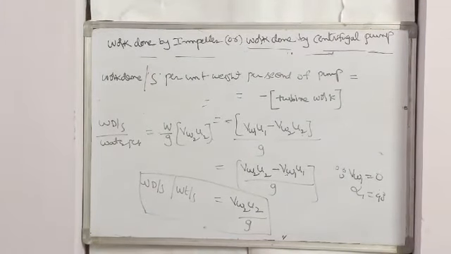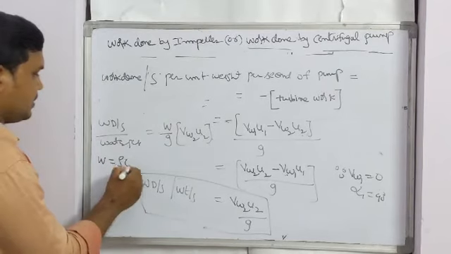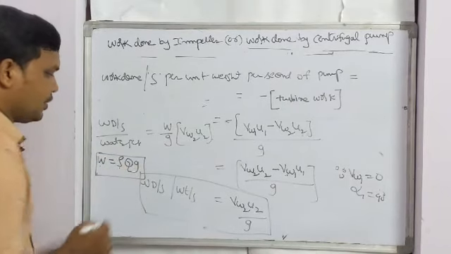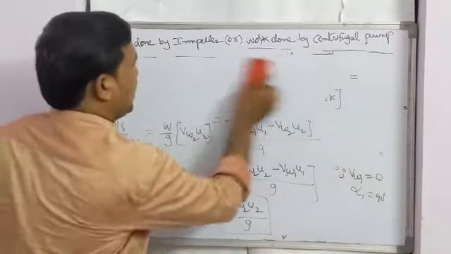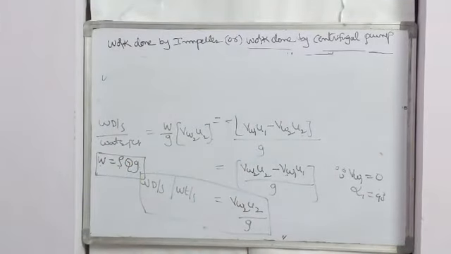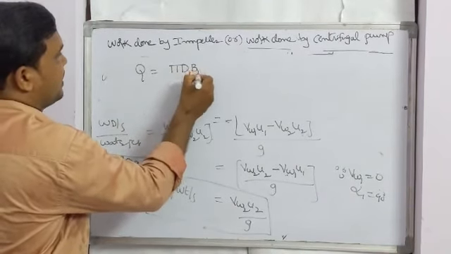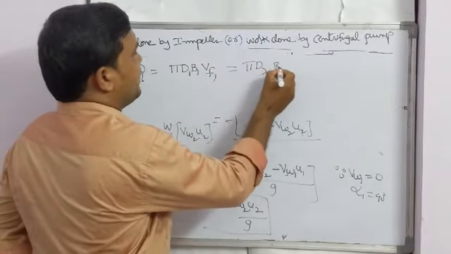From here, the weight W we can write as rho Q g. At the end we should know the discharge or volume flow of the impeller. The volume flow or discharge of the impeller Q is equal to pi D1 B1 VF1, as in the case of a turbine, and pi D2 B2 VF2.